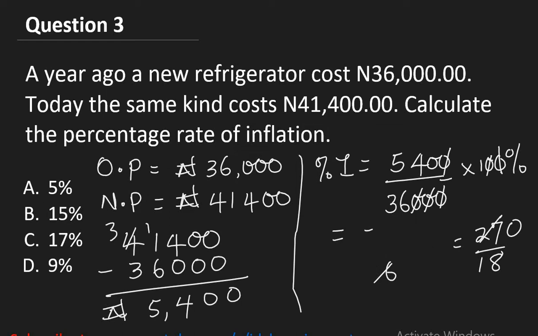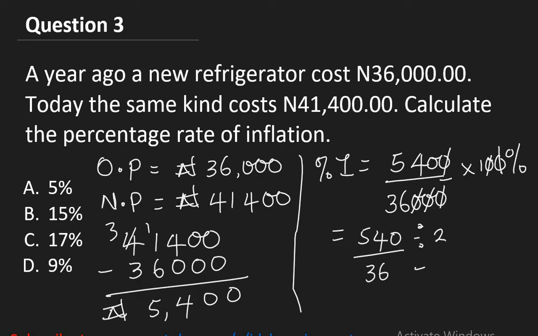Okay, let me just take it again from here, so you don't get confused. These 3 zeros cancel the 3 zeros, so we have 540 divided by 36. Let's divide both sides by 2. 2 into 5 is 2, remainder 1.